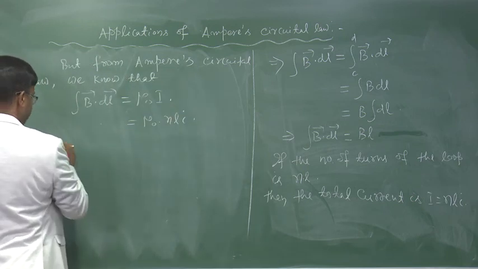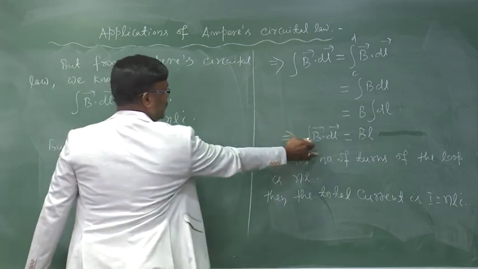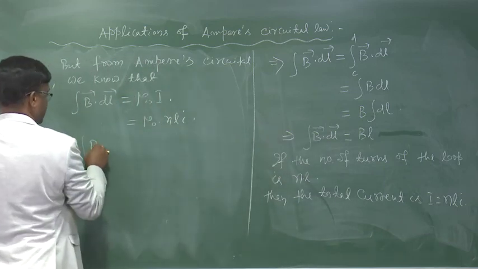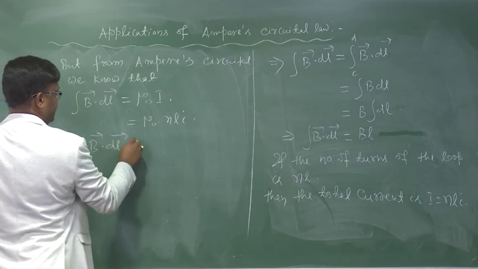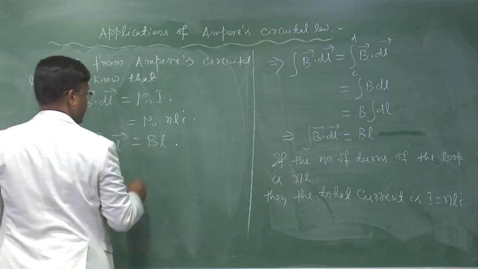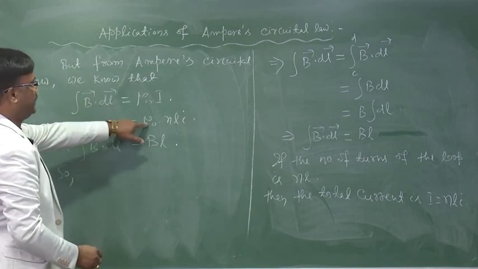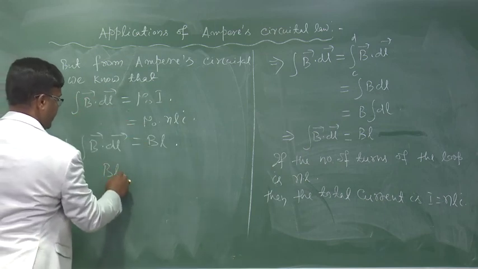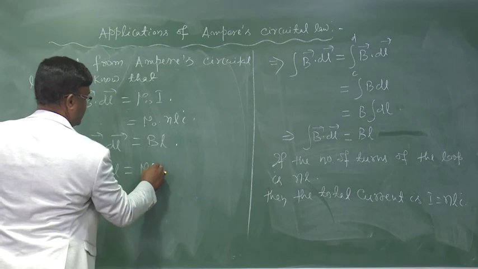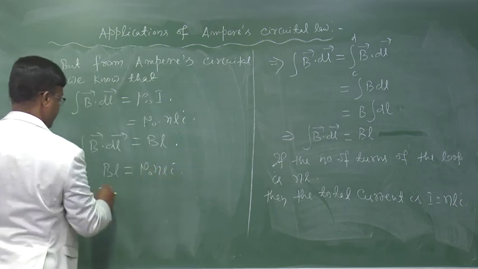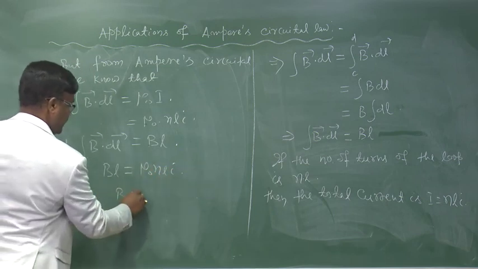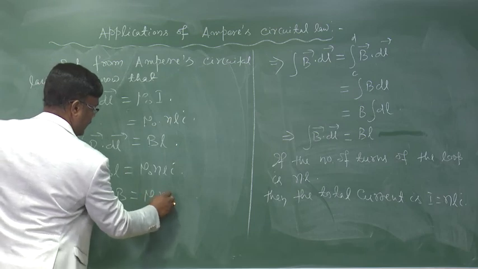But from here we know that integration B dot dl equals BL. So, from these two we can write BL equals mu 0 nLI, which implies B is equal to mu 0 nI.